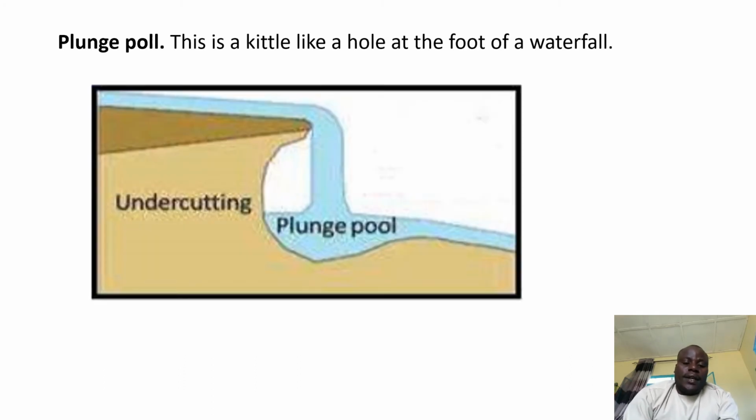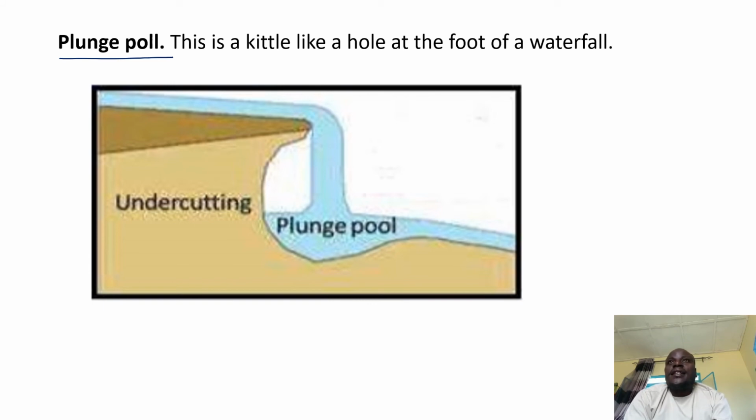Then we have another feature called plunge pool. Plunge pool. This is a kettle-like hole. It looks like a kettle at the foot of a waterfall. It is formed when a river erodes the foot of a waterfall.